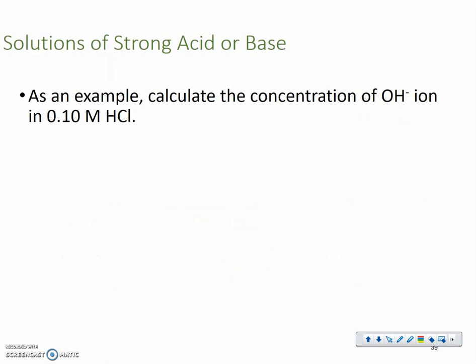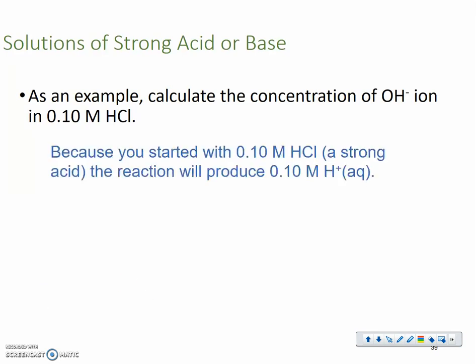Say we have a solution where the molarity of the acid we've added is 0.10 molar HCl. Since we have a strong acid, all of that is going to dissociate, so we're going to have that molarity of H plus ions. So we can use our Kw expression.